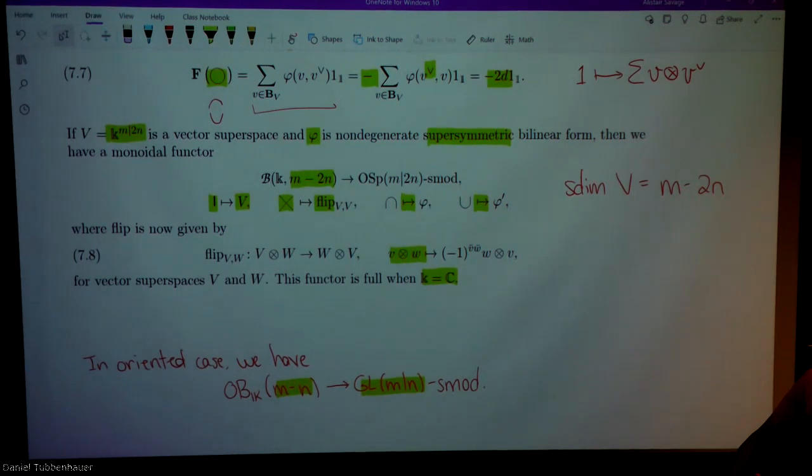I forget the condition; some inequality. In the oriented case, it's also full. But not essentially surjective. The modules in the image are what are sometimes called the tensor modules, that are summands of tensor powers of the natural module and its dual.